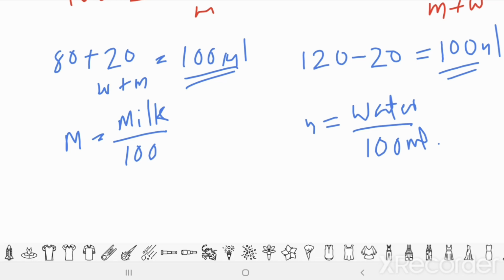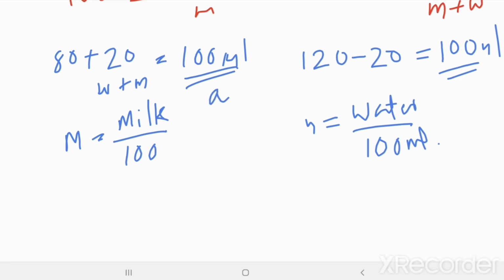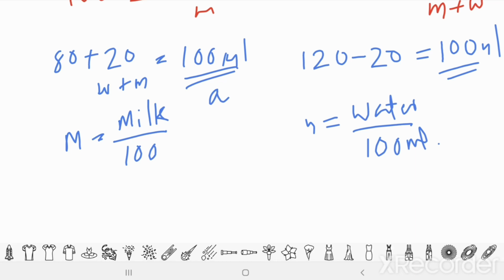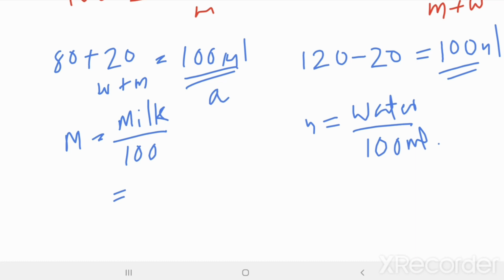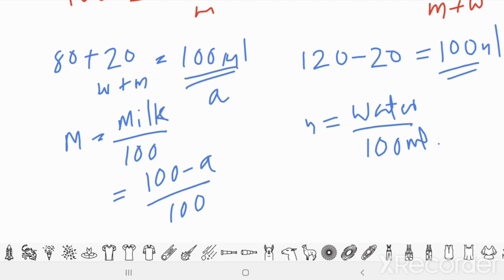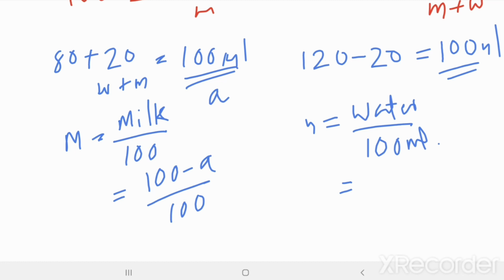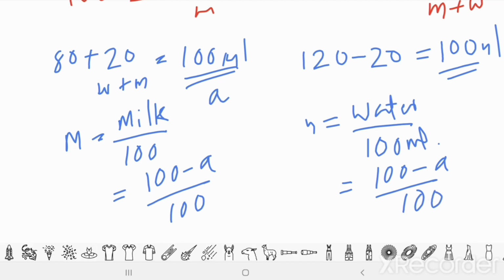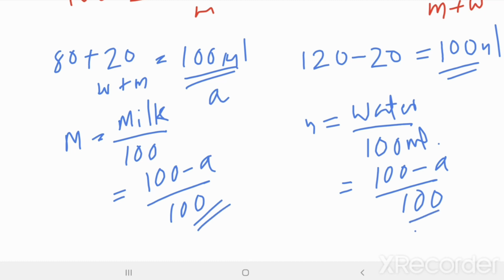Suppose A amount of water is moved to container X. Then milk in container X equals 100 minus A divided by 100. So A amount of water moved from container Y to X. Then water remaining in container Y equals 100 minus A divided by 100. So here we can see both the values of M and N are equal.